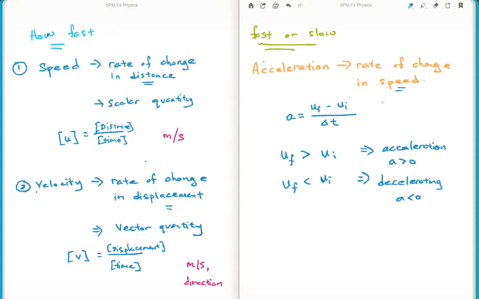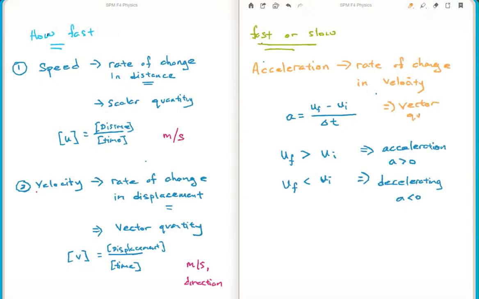Even though I define speed here, normally acceleration is defined in velocity, though some questions will talk about speed. Why is that? Because acceleration is actually a vector quantity.